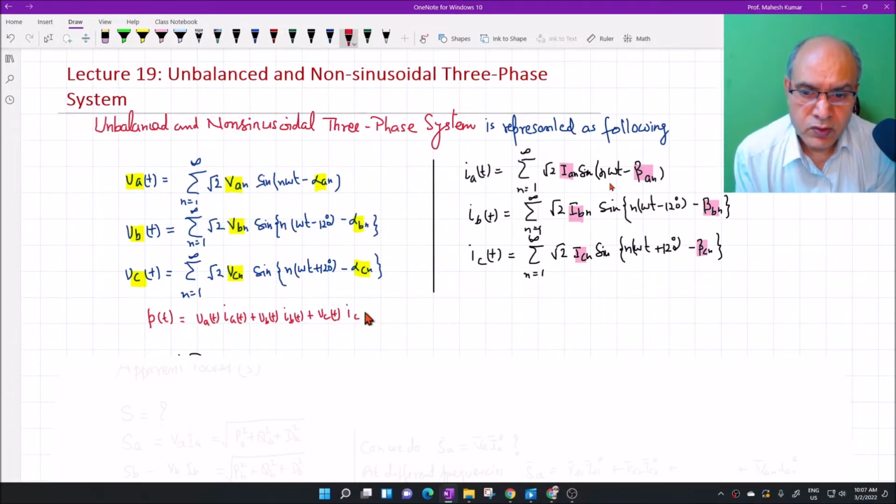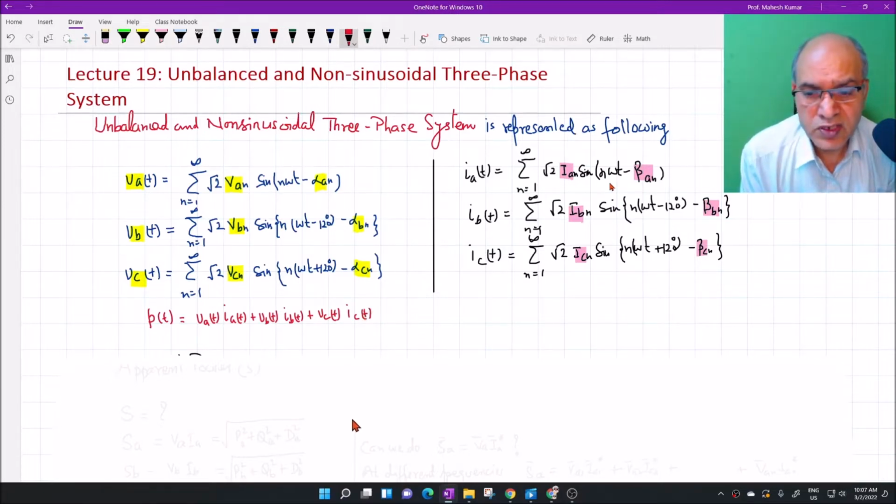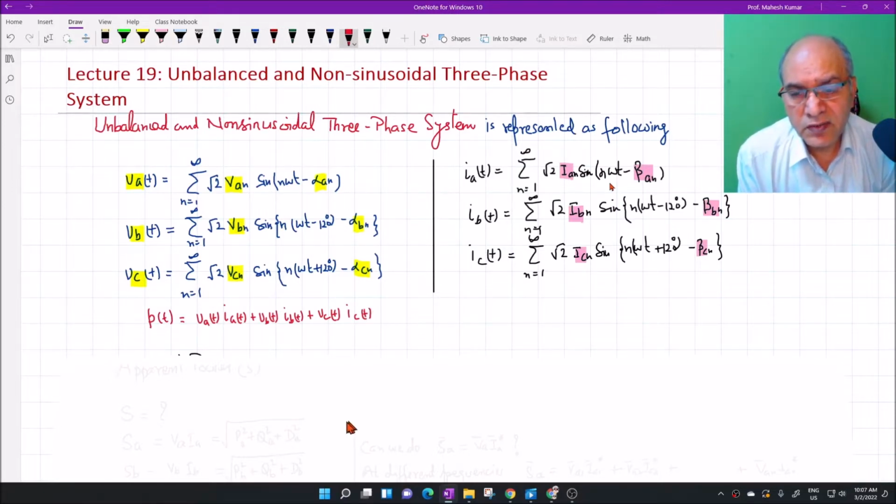We have resolved into similar and dissimilar frequency components, and in the similar we have resolved into active and reactive components and then the rest of the powers.